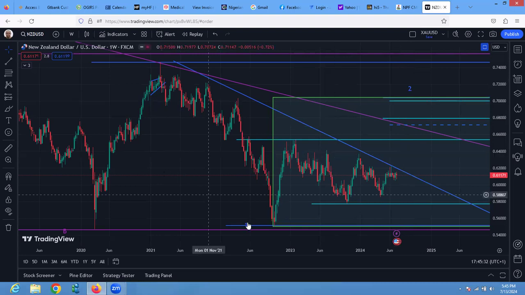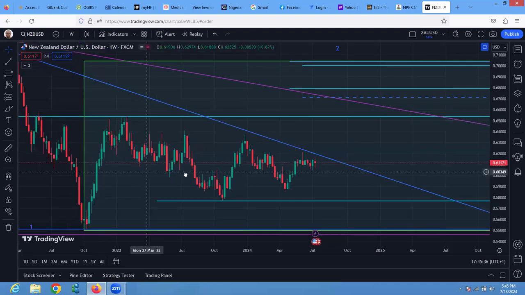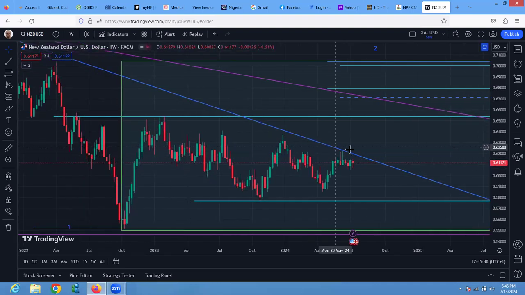Now, looking at this on the weekly is an in-depth analysis for you to know the direction now. So we need to break above here first. So we need to take out 62,260. So once we take that out, we know we can have a possible correction to the downside.